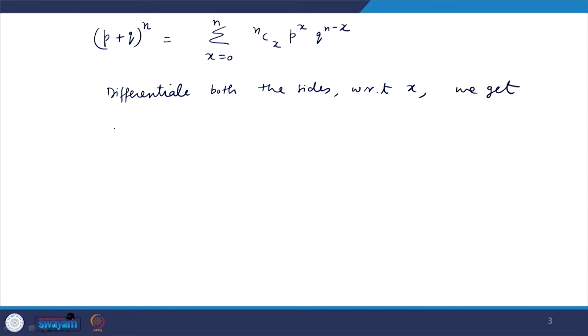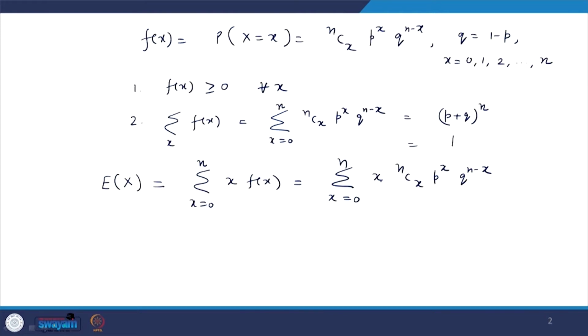It is n(p + q) raised to power n minus 1, equal to summation x varying from 0 to n, x nCx p raised to power x minus 1 q raised to power n minus x. Okay. Now, we want this value, x nCx p raised to power x, q raised to power n minus x.